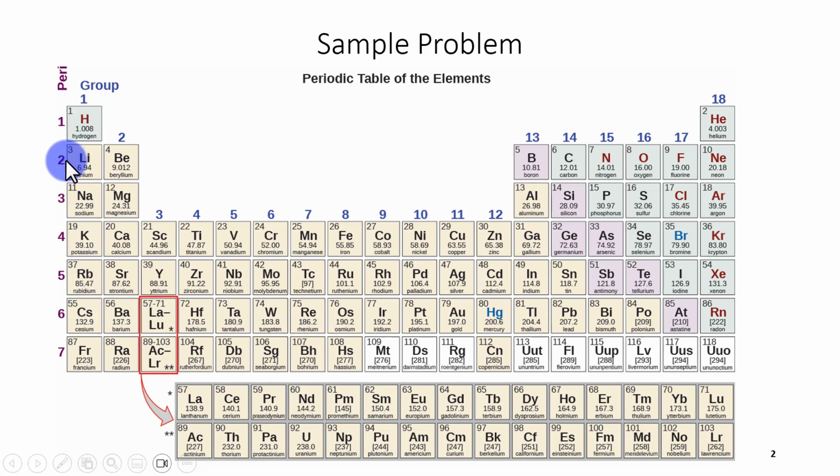So lithium is found higher in the group than rubidium, and therefore lithium is going to have a higher electronegativity value than rubidium, because rubidium is found further down the group, and the trend is that electronegativity decreases as you're going from top to bottom.